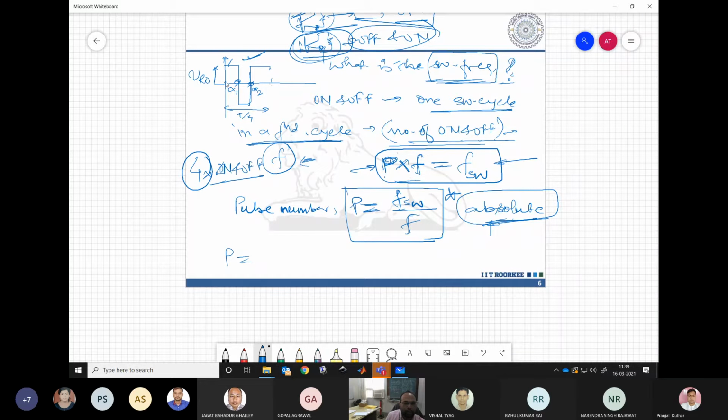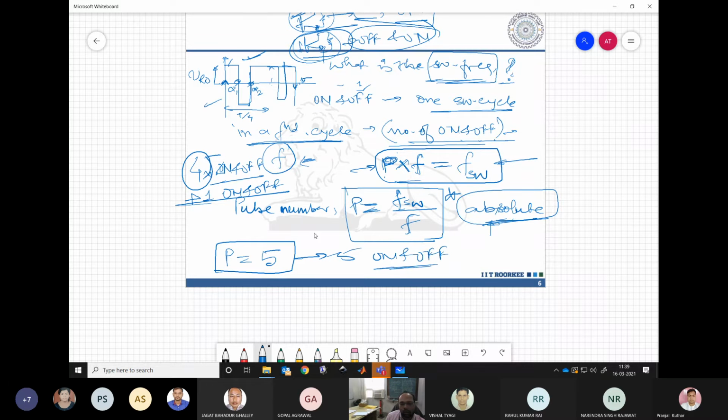Plus one switching which is happening at this 0 degree and 180 degree. So here another notch is there. So at 0 and pi, because 2 pi is same as 0, so that's not counted. So at 0 and pi, we have one more cycle of on and off coming over there.